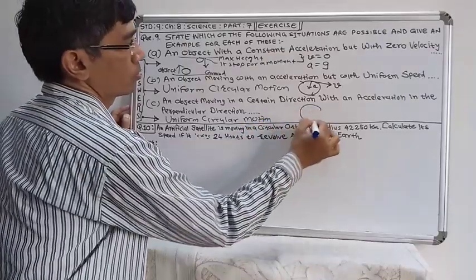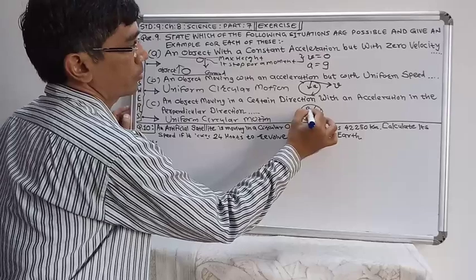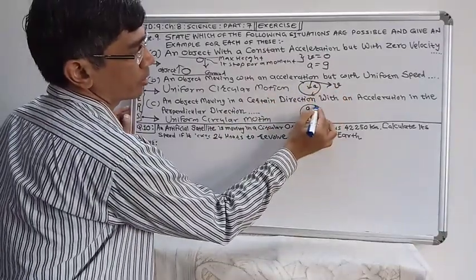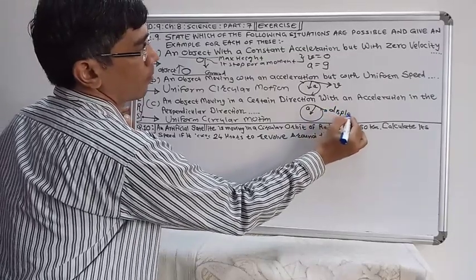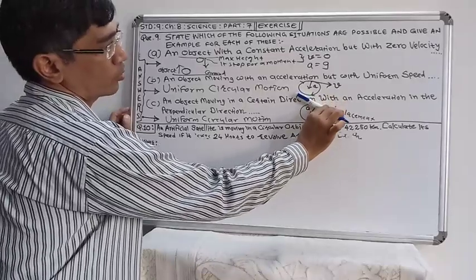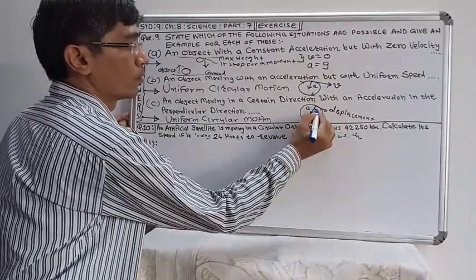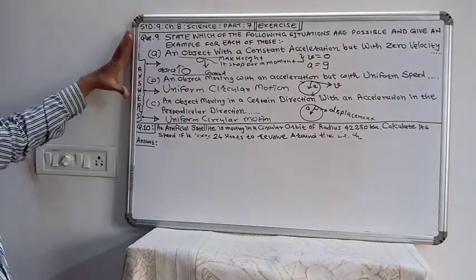Here also the acceleration is towards the center and the displacement is in the direction of the tangent. So the displacement is in the direction of the tangent and it is perpendicular to the acceleration. So these are the answers of question 9.